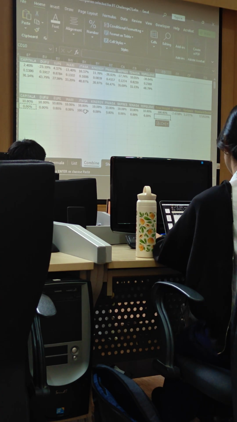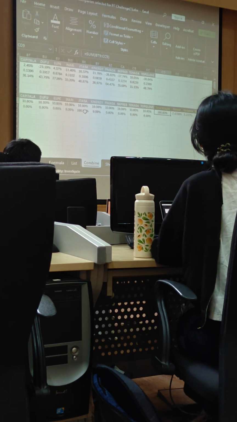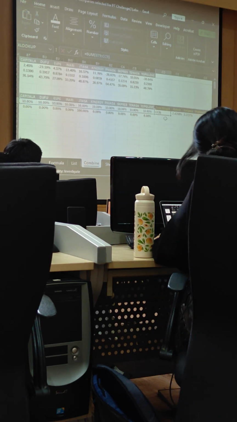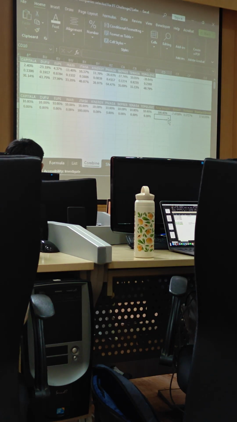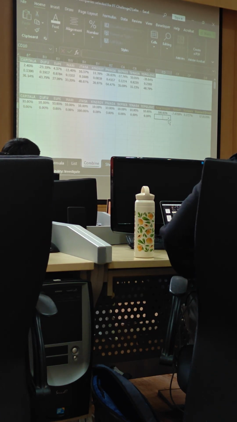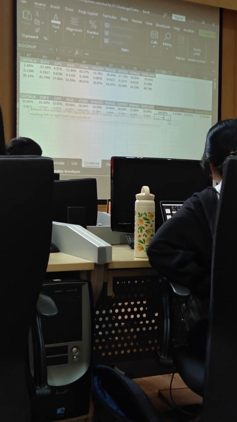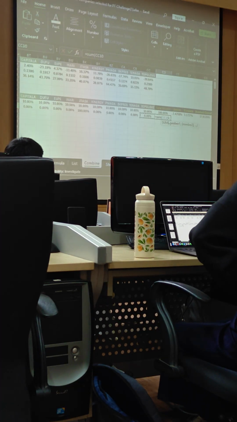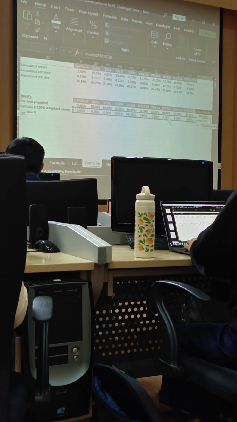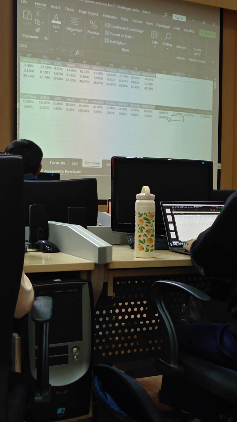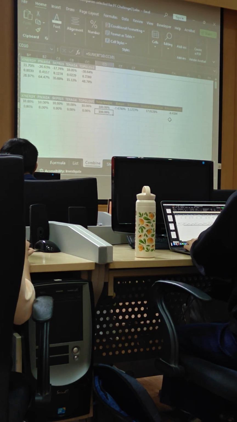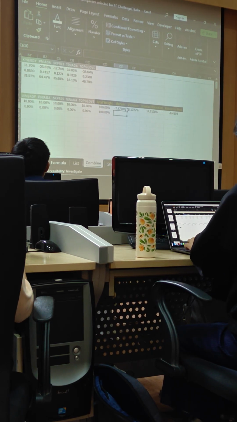Then the total weight will be, remember the total weight is just the sum of all weights. And then what about the return?